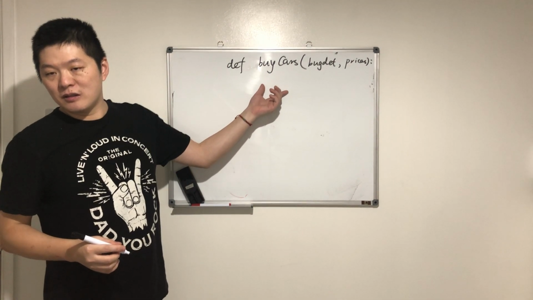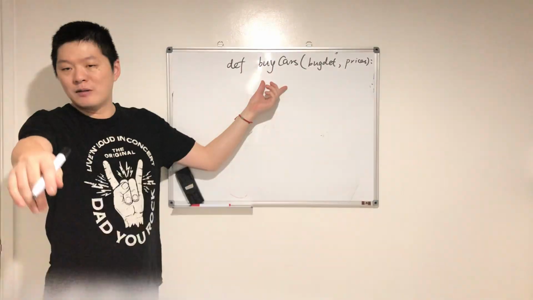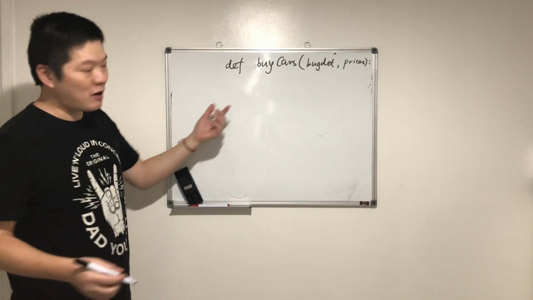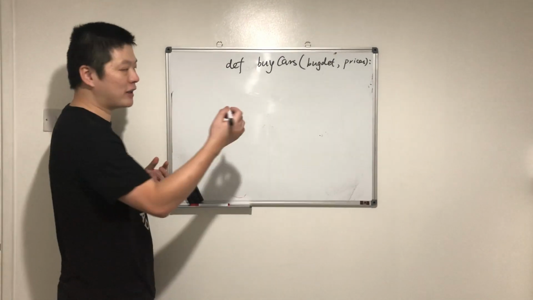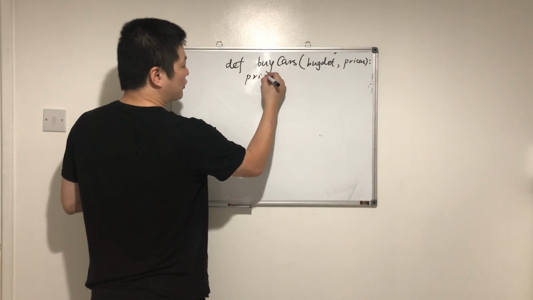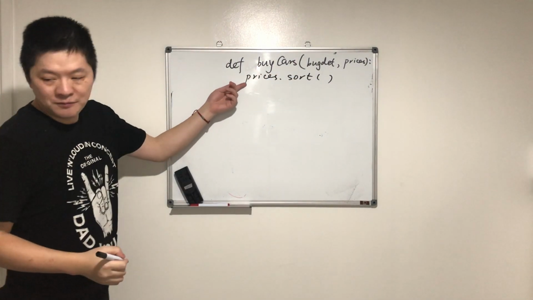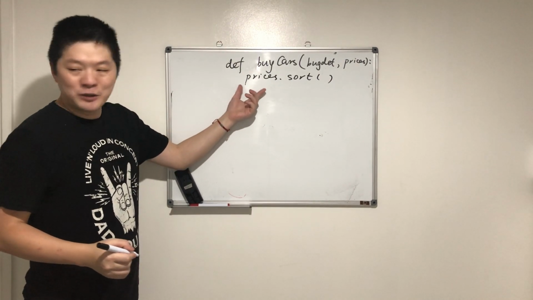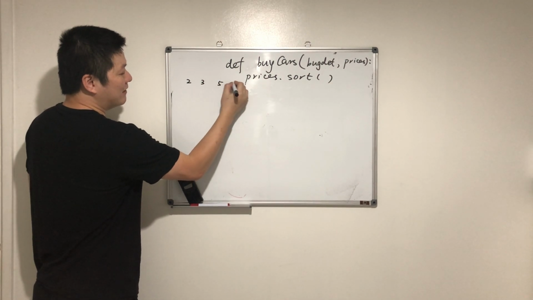We need to make the prices go from the smallest to the biggest. In order to do that, what we can do is to sort it. And then we sort it, so these numbers are increasing like 2, 3, 5, 7.